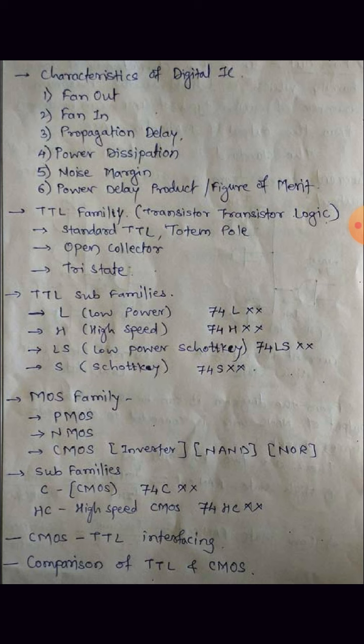Now these are examples of TTL subfamilies. Now see here, L stands for low power, H stands for high speed, LS stands for low power Schottky, and 74SXX stands for Schottky. It is regarding the TTL subfamilies.